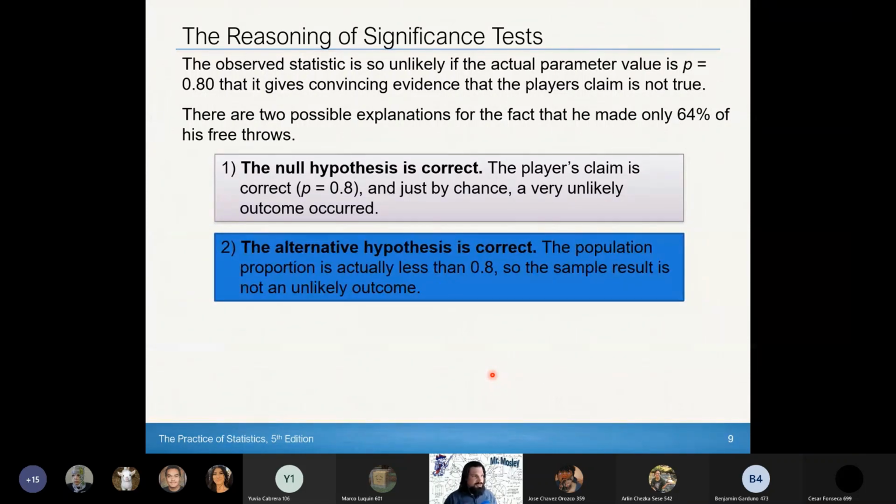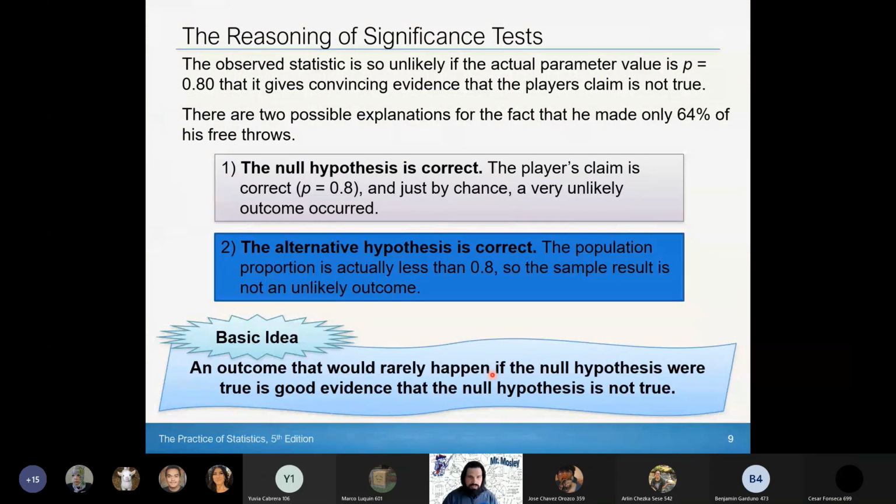The other explanation is the alternative hypothesis is correct, meaning his proportion is actually less than 0.8, so the sample result is not an unlikely outcome. Either he just by chance had a very unlikely outcome, or he is exaggerating his free throw percentage, and the alternative hypothesis is correct, and his proportion is actually less. And this result is not unlikely at all.